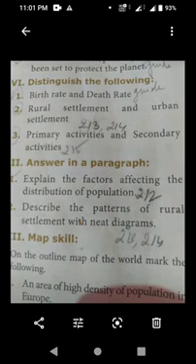Okay. Second question, rural settlement and urban settlement. That is page number 213 and 214. Distinguish between rural settlement and urban settlement. Take page number 213 under the heading rural settlement.